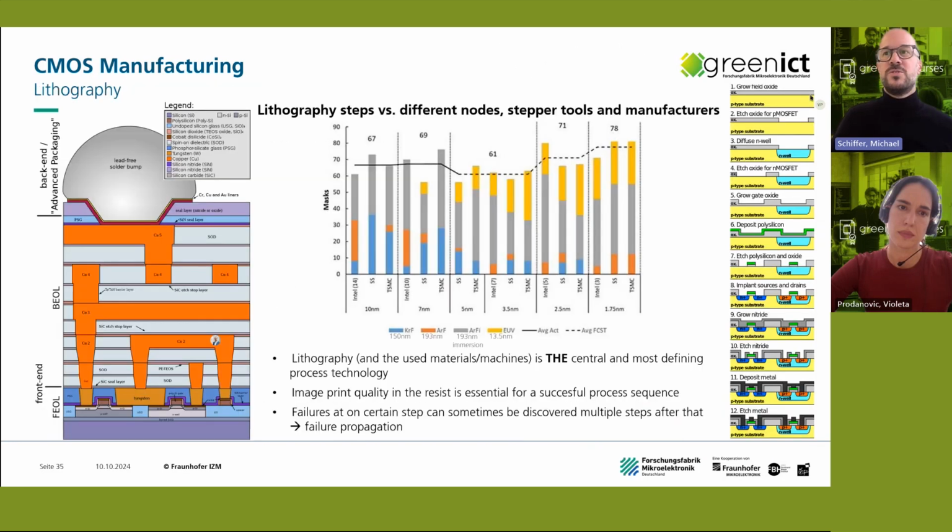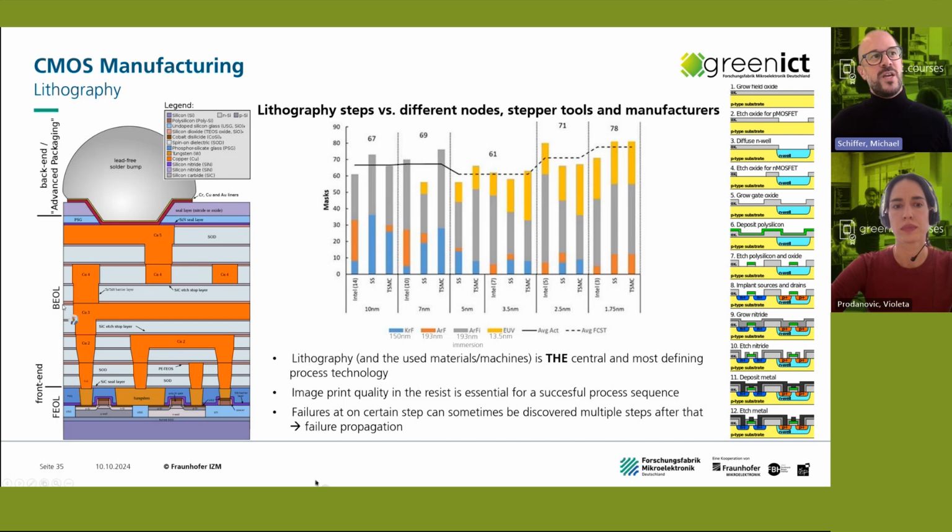So when we go first to the lithography, it's a very important step all over the process sequence. On the right side, I have a sketch of the transistor layer up to the middle end of line process. There you can see that for every step you definitely need lithography, and a very advanced lithography.